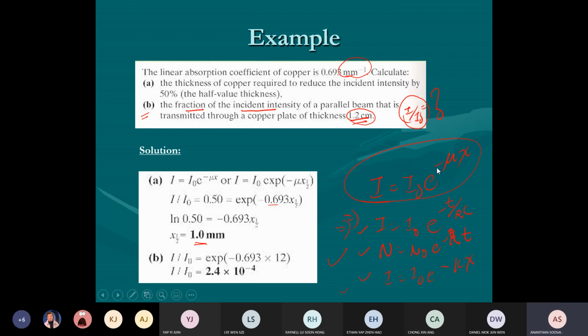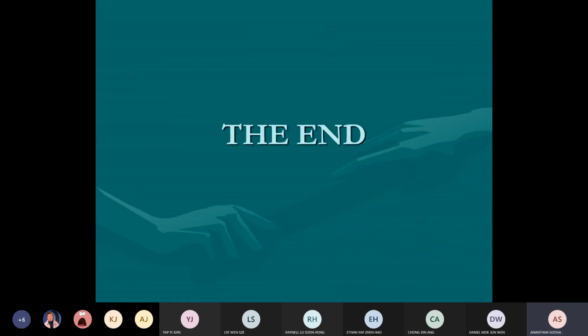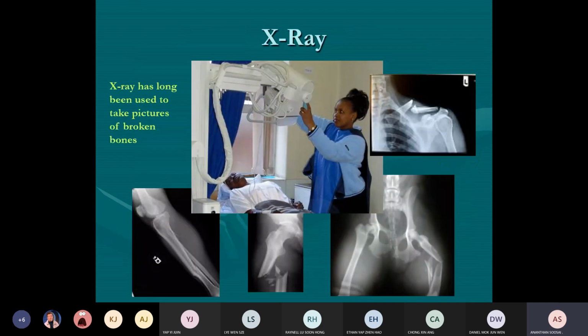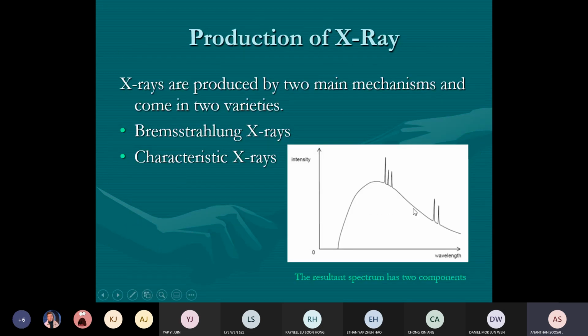Any questions? I hope you understood the solution. So that's all about X-ray. For the X-ray summary, what you need to know is that most of the time they ask about this graph.